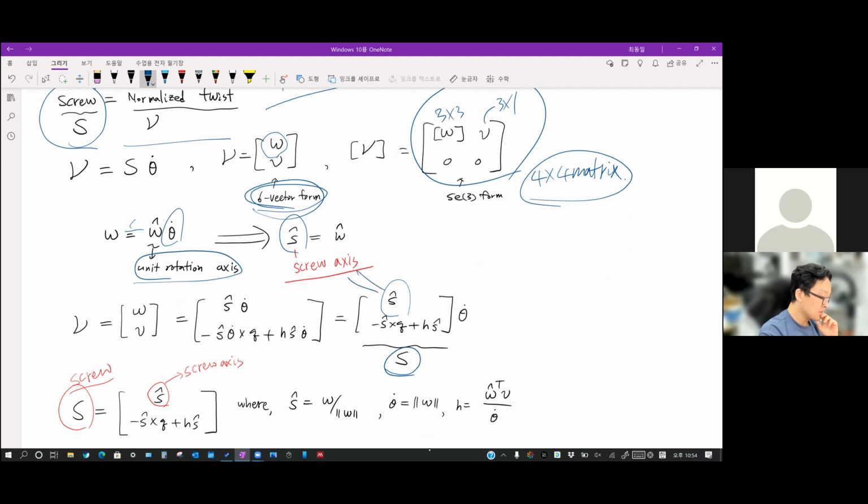Sometimes we write the screw axis as omega hat, and sometimes we simply write omega, but that is a little bit wrong expression. Actually, the twist should be omega with V, and when we describe the screw axis, it should have the hat symbol because it is normalized.